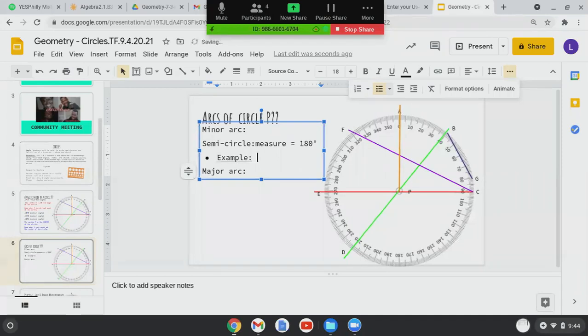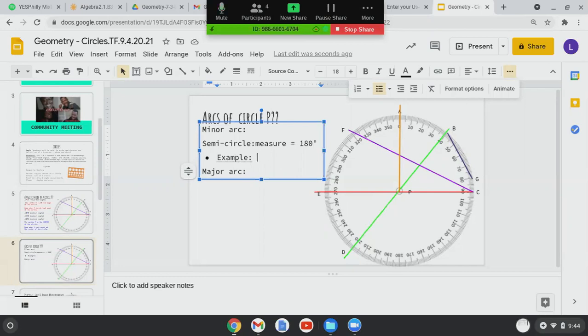All right. So if a semicircle measures 180 degrees, how would you name it if we are talking about arcs? Remember, tell me where it starts.